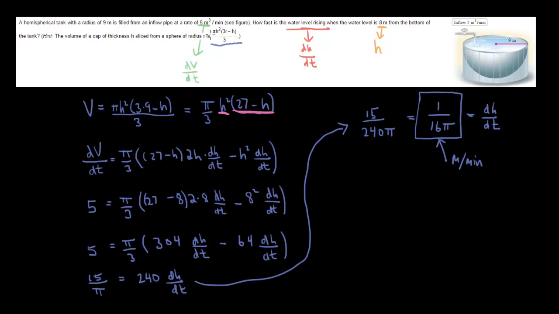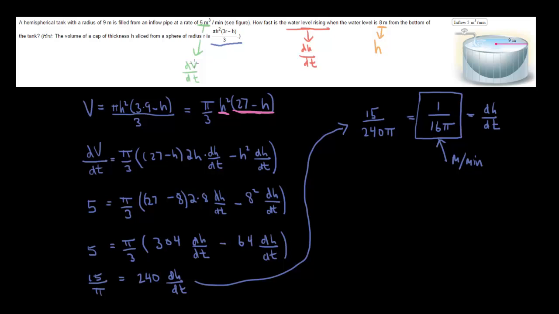Just to recap what we did here, we always want to find our equation that relates the variables in question. Here was a piece of cake since we were given that equation. We then want to take the derivative of both sides with respect to t. We then substitute in the information we do know and then solve for the piece of information we're looking for. Of course, we had to figure out the givens.